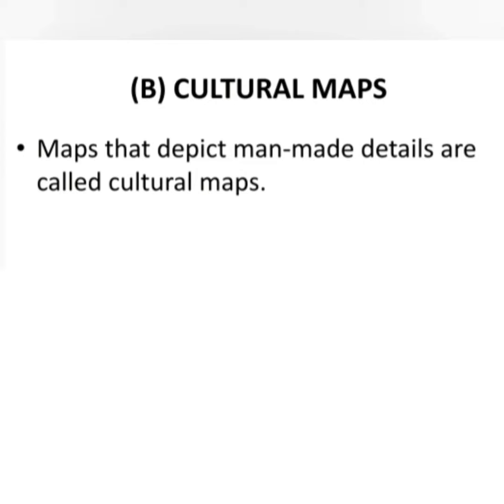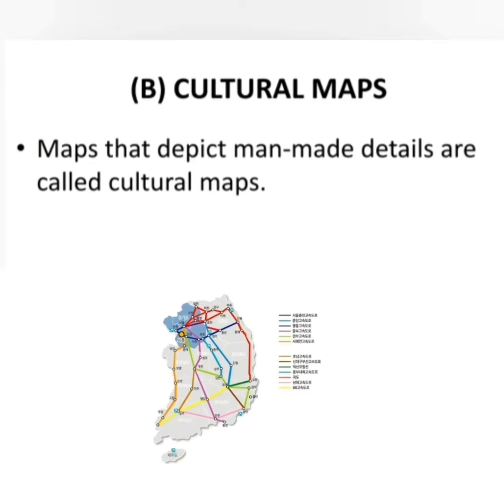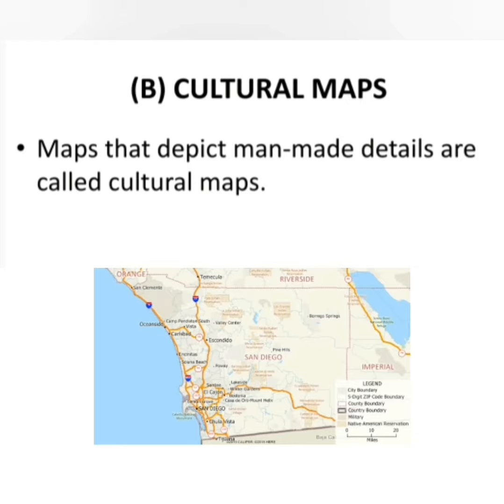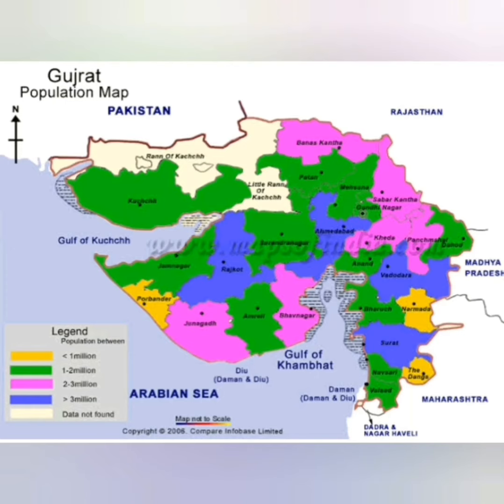Cultural maps are made of man-made features such as road networks, boundary lines, etc. These maps are also used for illustrating certain details such as population, economy, literacy, etc. Here is the map of Gujarat showing the population of Gujarat.